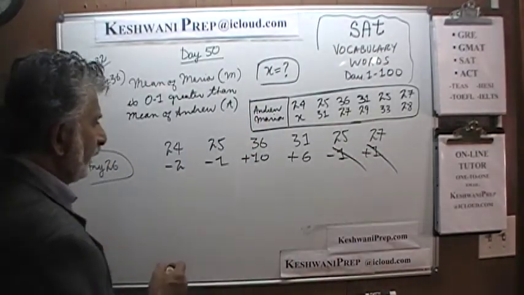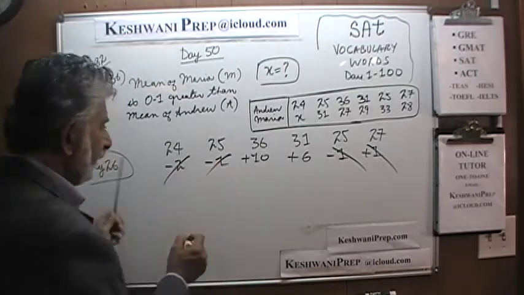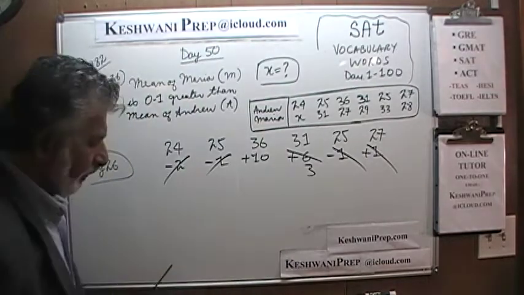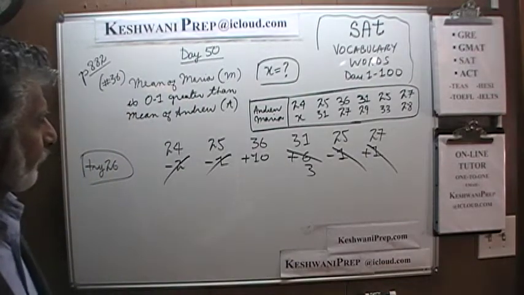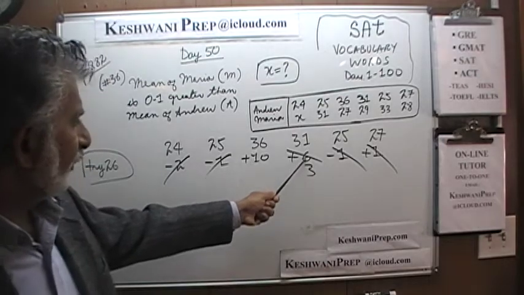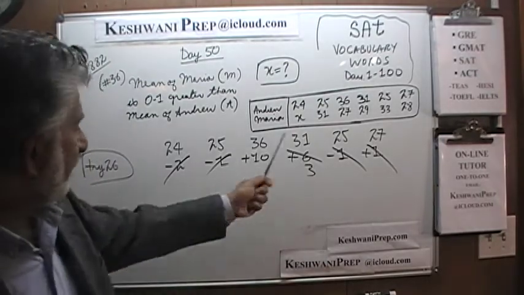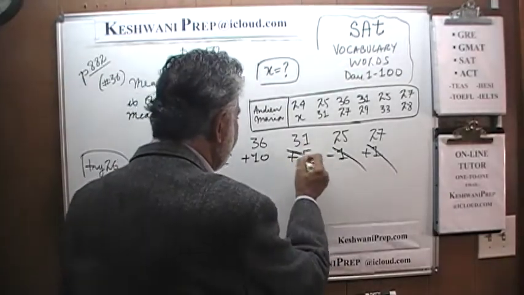And then we got a negative 2 and negative 3. That's 3. If I take out these 3, this 6 will become 3. That is, I made a mistake. That should have been a 5. 31 minus 26 is a 5.